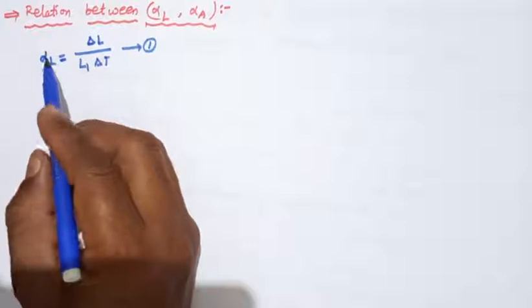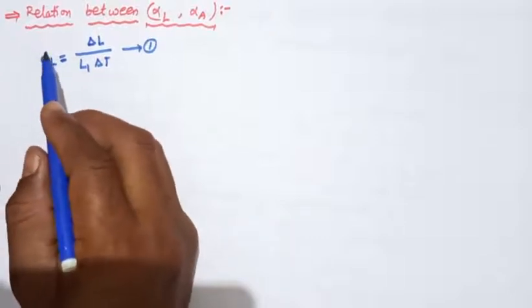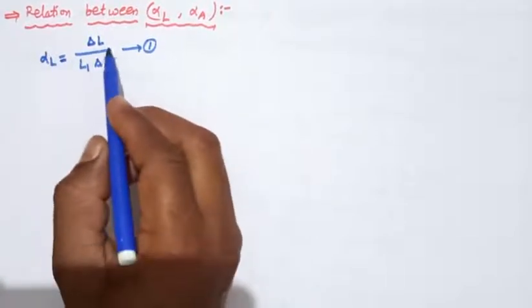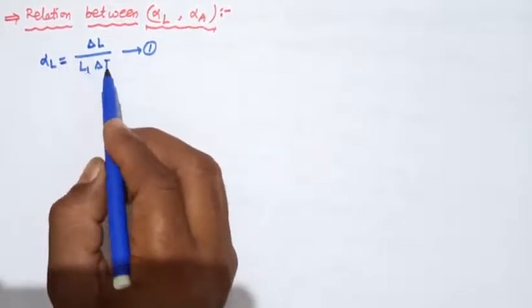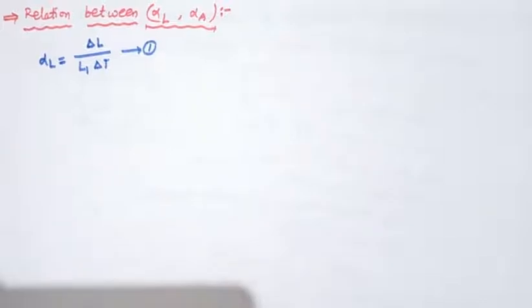Alpha L, the coefficient of linear expansion, equals delta L divided by initial length into delta T.